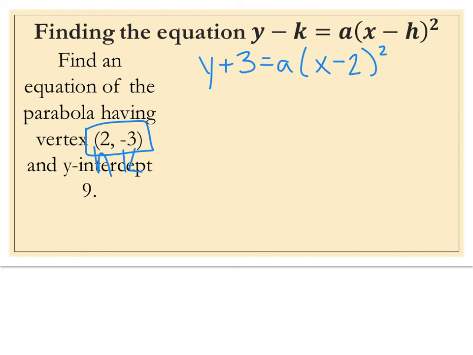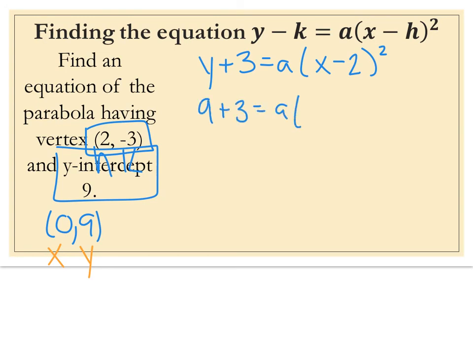So that helped us fill in our H and our K. It says our y-intercept is 9, which means that's secretly the point 0, 9. So that means we can plug x, or 0 in for x, and 9 in for y. So we have 9 plus 3 is equal to A, and then 0 minus 2 is equal, or quantity squared. This gives me 12 is equal to A, and then -2 squared.